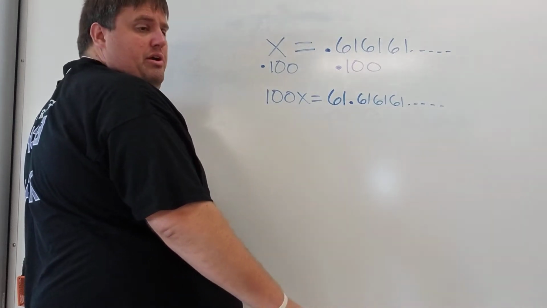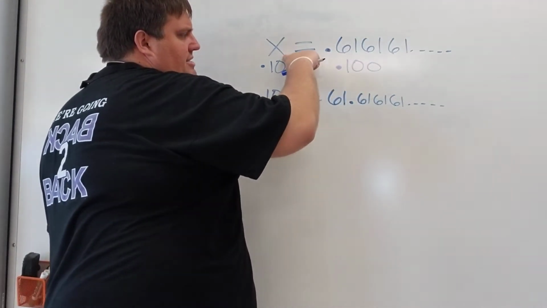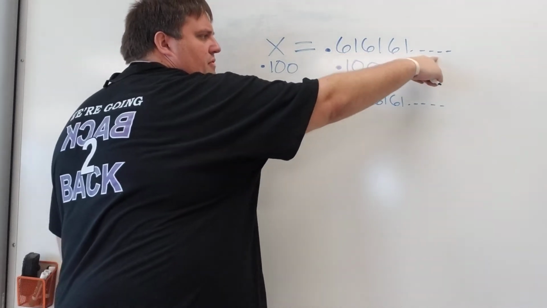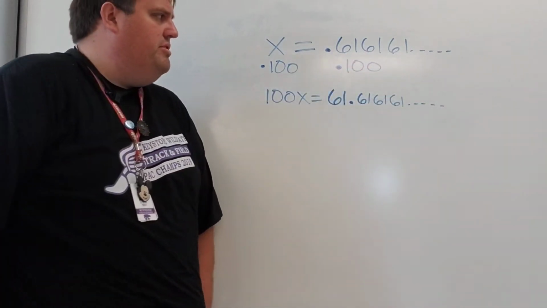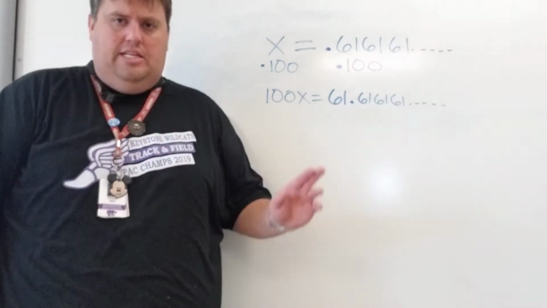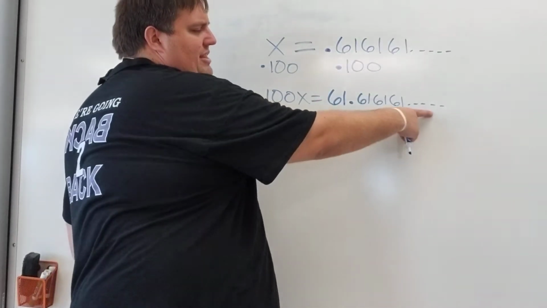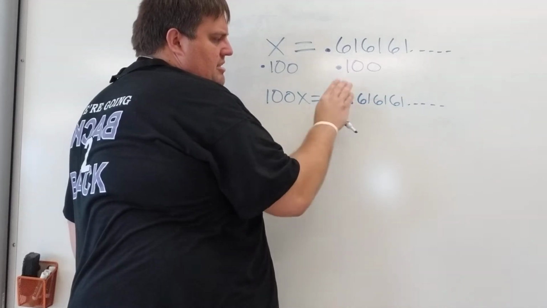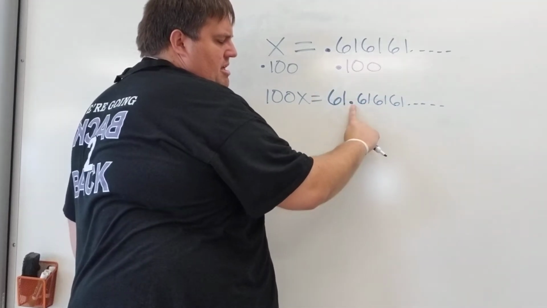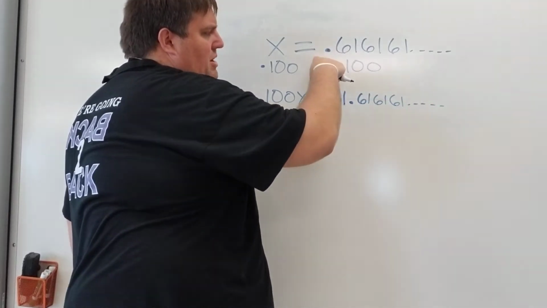So this part's kind of weird. X means that decimal forever, right? 0.61616161. That's what X stands for. Well, here we're going to rewrite this part. Don't look at the 61 here, but the 0.616161, that's what X is.